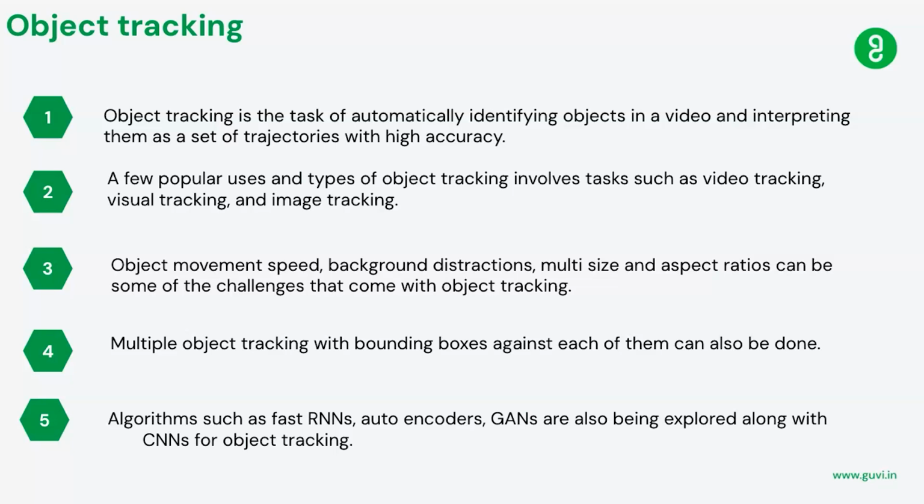Because let's say that car can be moving at different speeds and your frames can be changing at different frames per second, right? So your model should be capable enough to handle the variation in speed of a particular object. It should also be capable of handling background distractions. So let's say your camera is not moving with the car, right? You might have CCTV cameras in place, let's say at 2 kilometers on the highway.